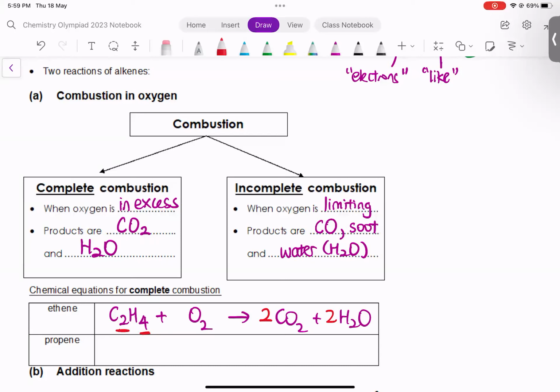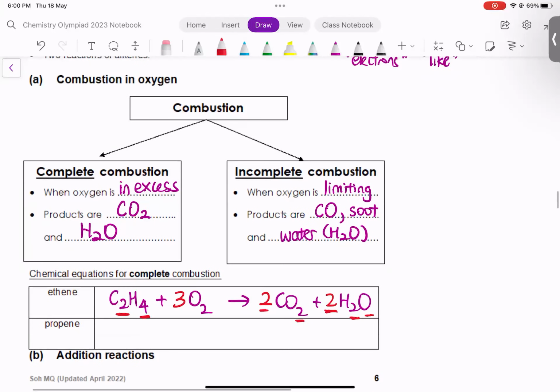Why 2 H2O? Because 2 times 2 gives you 4 hydrogens. The last step is to combine the oxygen. How many oxygen atoms do you have in total? 2 times 2 is 4. 2 times 1, 2. So 4 plus 2, 6. So you need 3 oxygens. Okay, so C2H4 plus 3O2 forms 2 CO2 and 2 H2O.